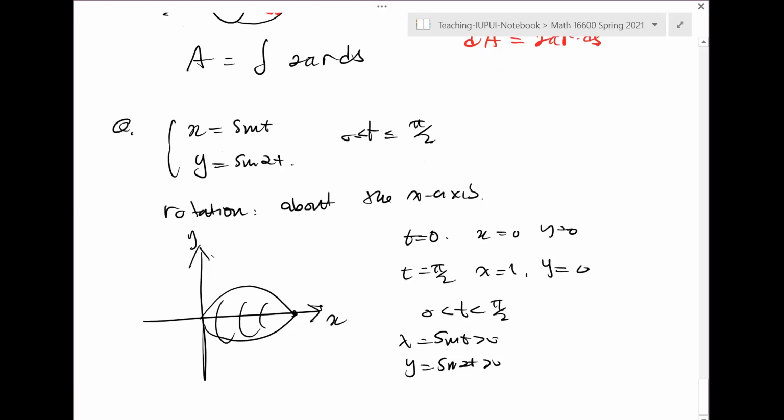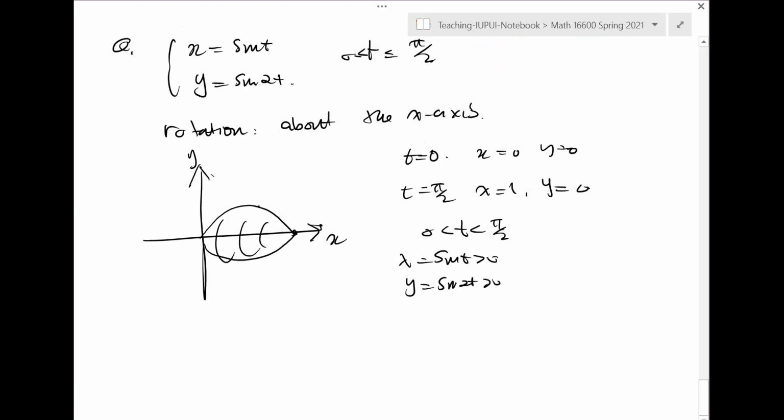So how do we solve the problem? You take an arbitrary point here. That's what I want to see, but almost nobody did it. You can check your submitted test. Did you draw the picture like that and mark the radius? You have to tell me what it is. The radius in this case is y.